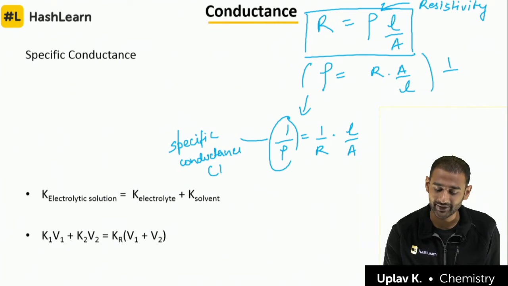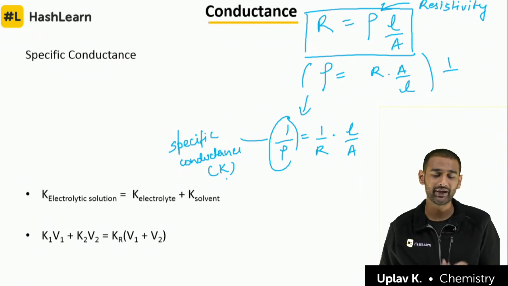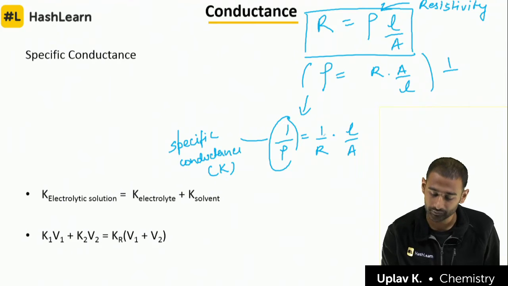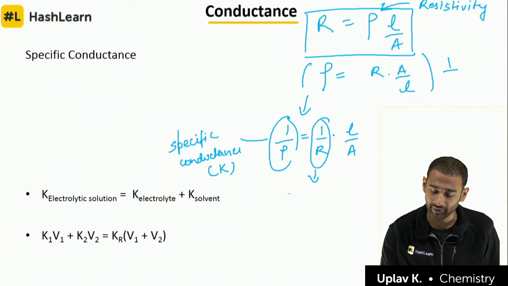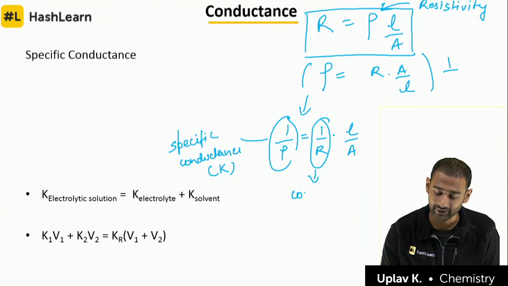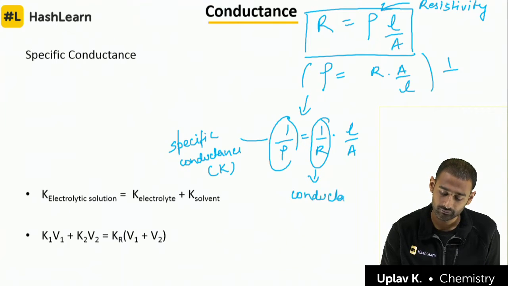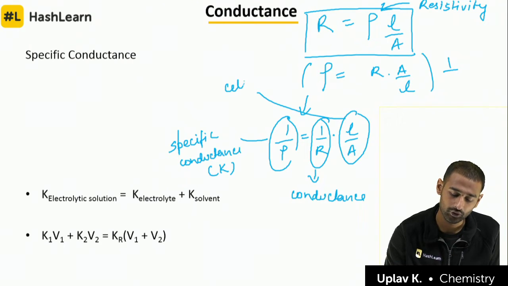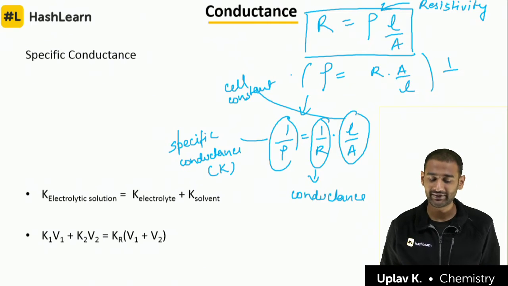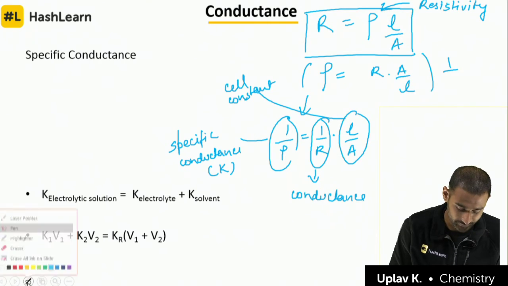This is called specific conductance and it is denoted by K, a smaller k, but don't worry, आप लोग समझ जाओगे वो. 1 by R or 1 by resistance is what we call as conductance, right? And this L by A is what we call as the cell constant, right? So hope that everyone is clear with the specific conductance. So I'll just write it here.